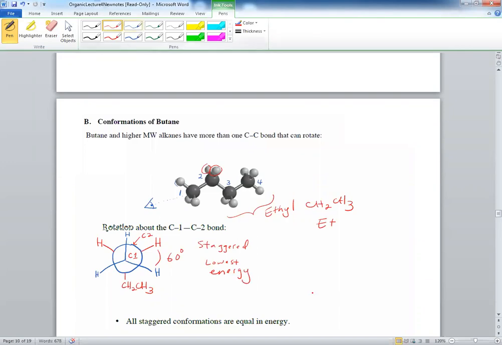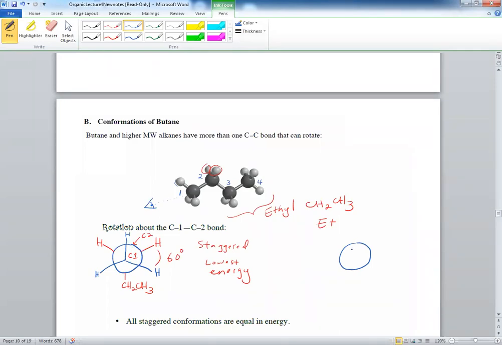Now you should be able to draw the eclipsed version. You need to practice on this without a doubt, so you don't simply learn how to draw this from day one. So let's now spin. We can spin either the front or the back. It's easier to spin actually the front because you have, again, just H's on it.